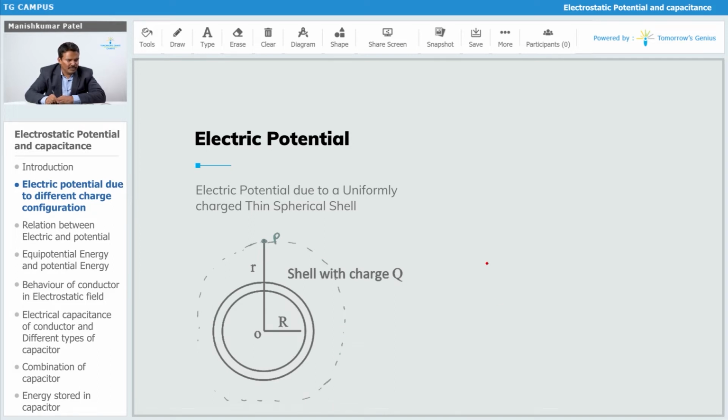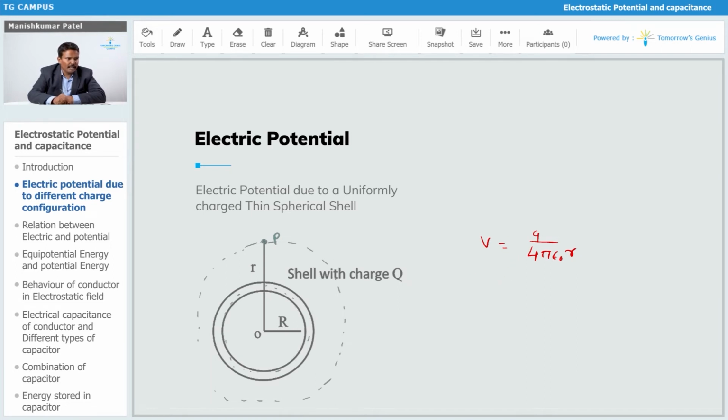Then to find the potential, we know that the potential due to a point charge is q upon 4 pi epsilon naught r. Since the charge is entirely enclosed within this point P, the shell will act as a point charge. So the potential due to the charge distributed on this shell is q upon 4 pi epsilon naught r.